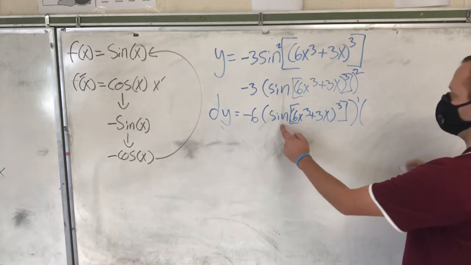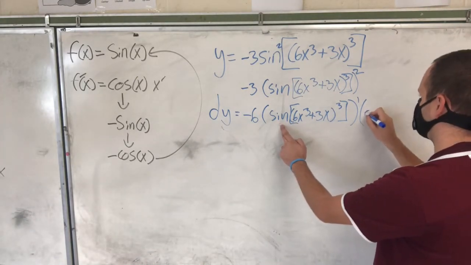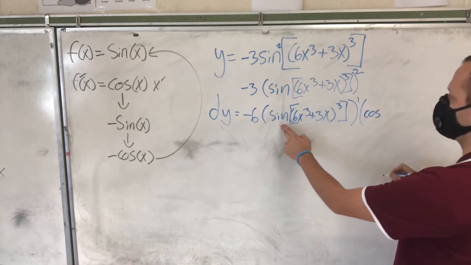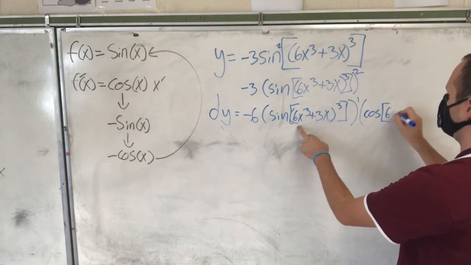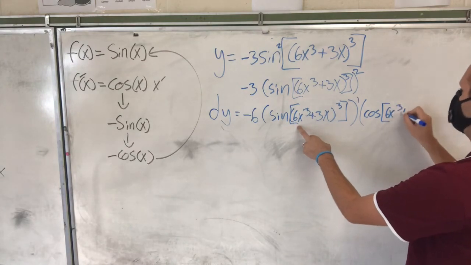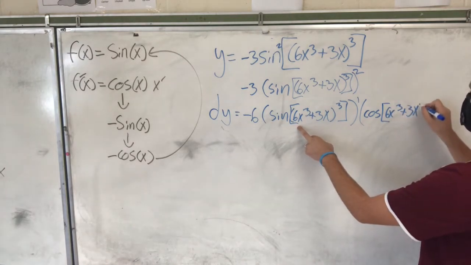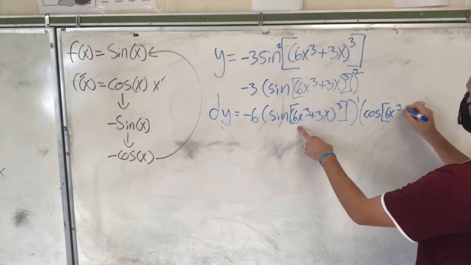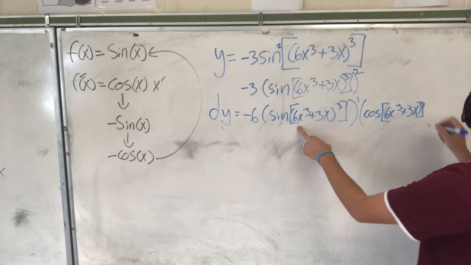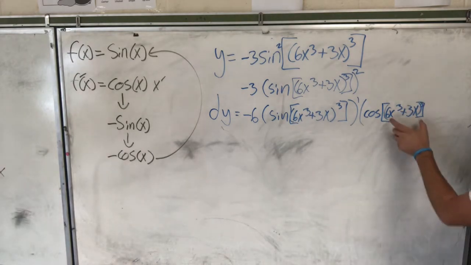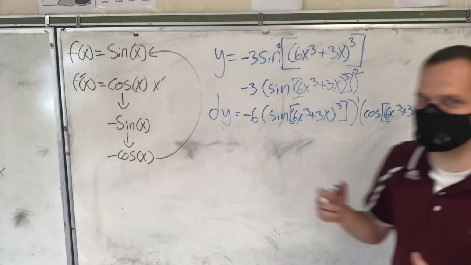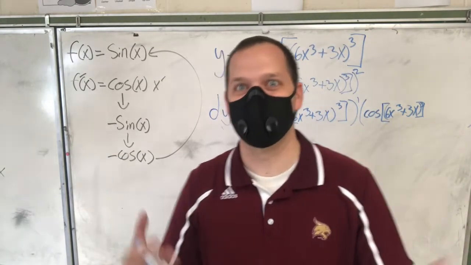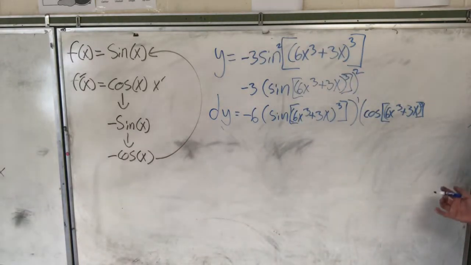What's the derivative of sine? It's cosine. Of 6x cubed plus 3x, okay, that's also cubed. Now I got to take the derivative of this inside. Ooh, this looks like another chain rule. It looks like it's just chain rule on top of chain rule on top of a chain rule. This is insane.